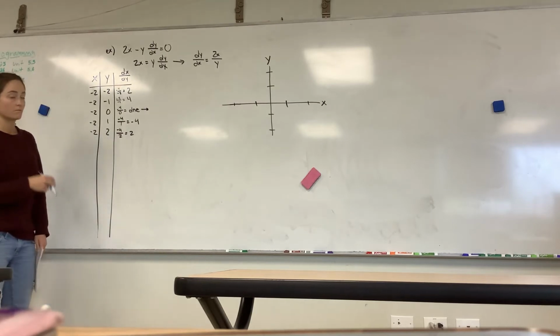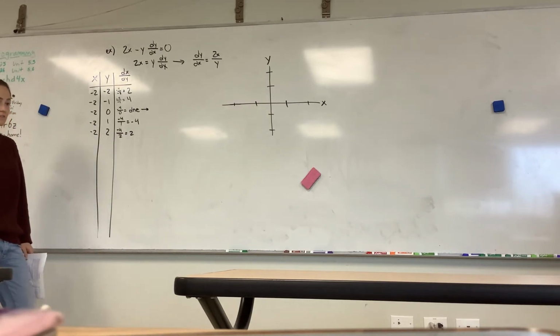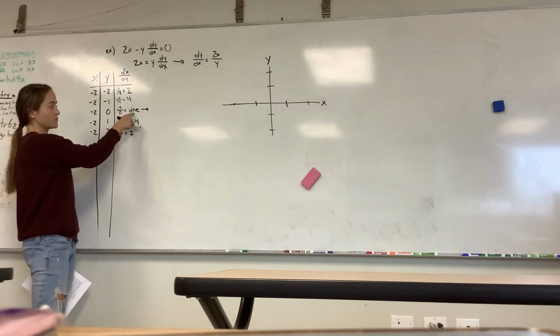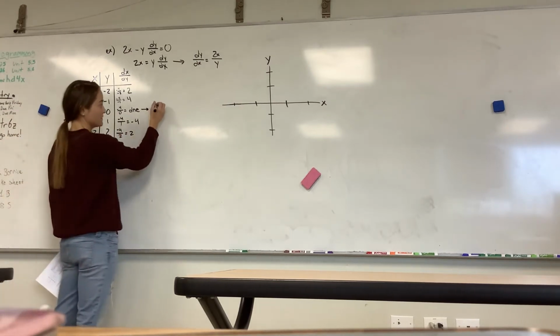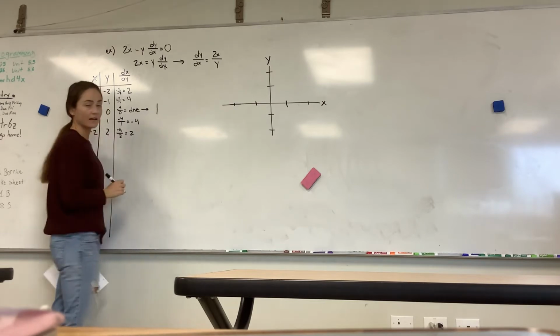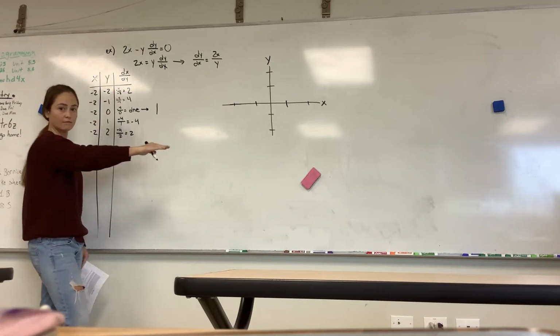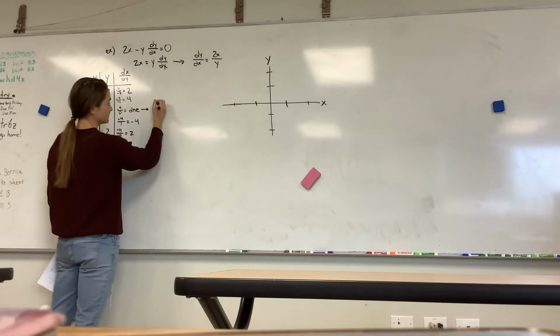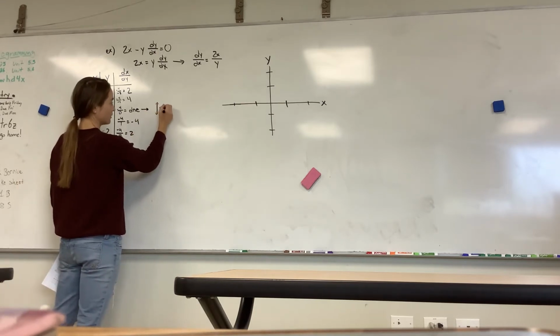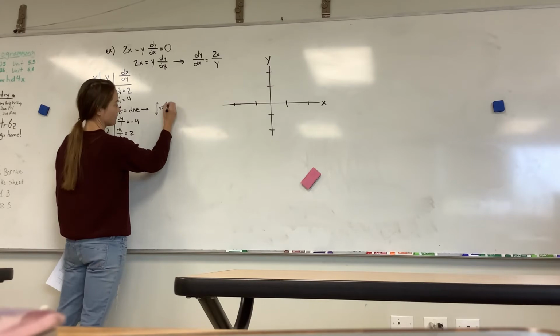So, hopefully, man, this is hard. Hopefully what that shows you is that if you have a slope that doesn't exist, what that means is that you have a vertical line, because you have all rise, but you have no run. So this is a vertical line.